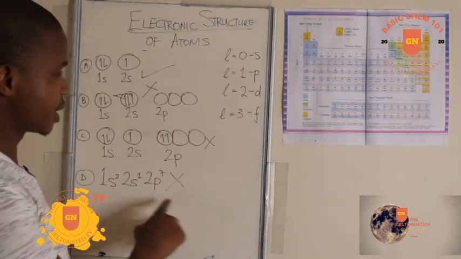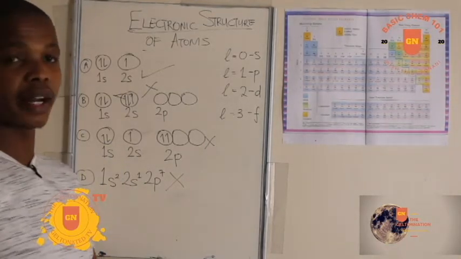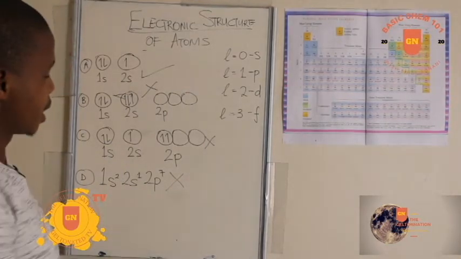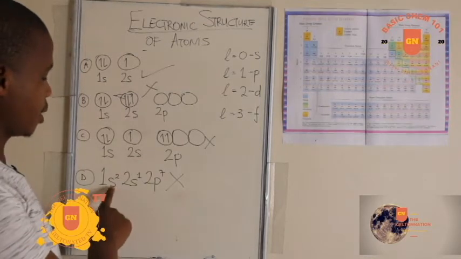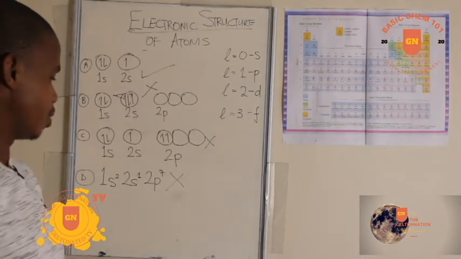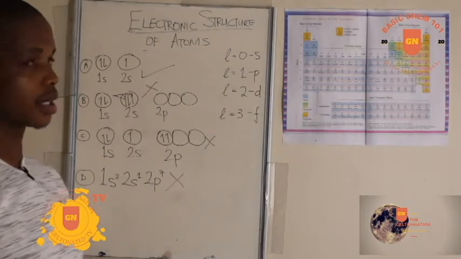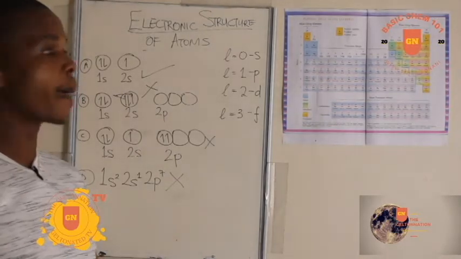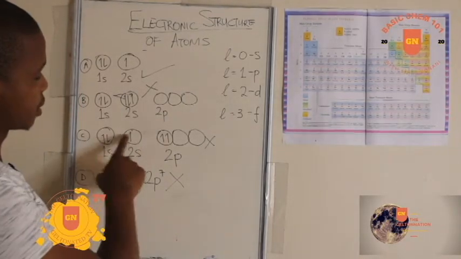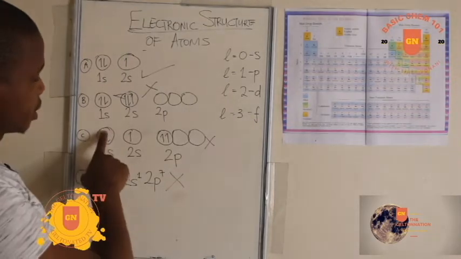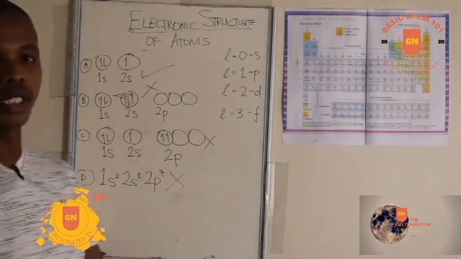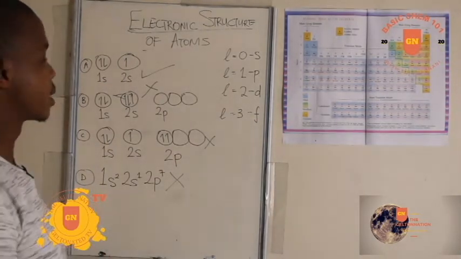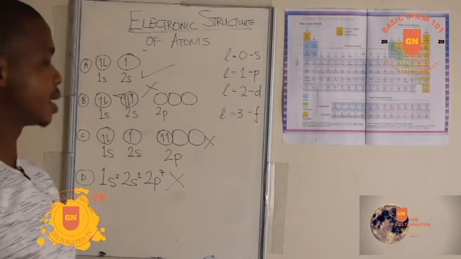Now, as we wrap up, how do you know how many electrons each subshell, your s, your p, your d orbital, can accommodate? Now, each orbital like this can accommodate only 2 electrons. But how do you know how many orbitals there are?